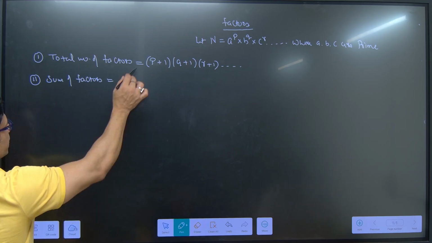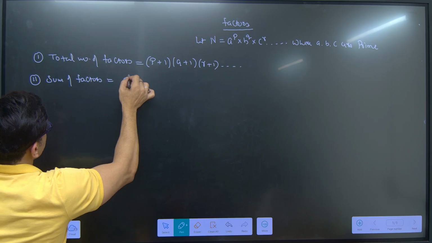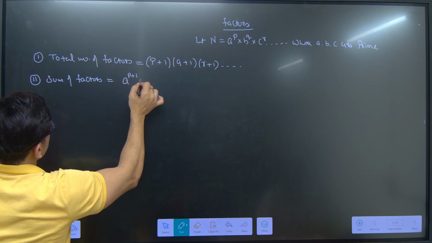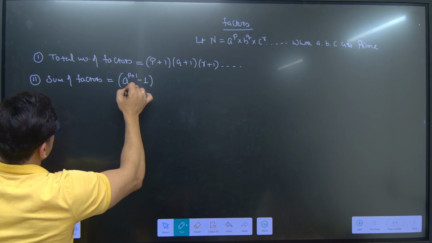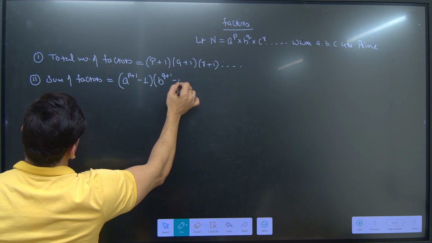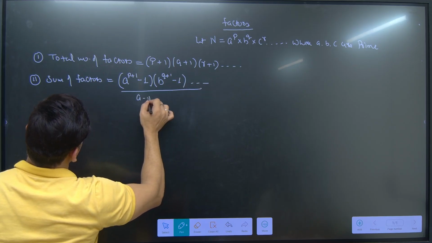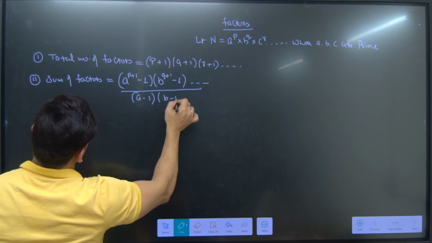So for any composite number, you have to find the sum of factors. It will be given by a raised to the power p plus 1 minus 1 into b raised to the power q plus 1 minus 1 and so on, divided by a minus 1 into b minus 1.